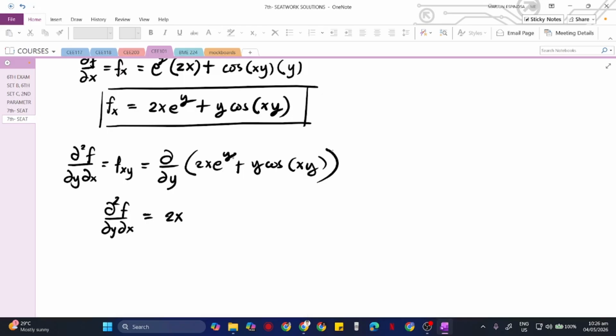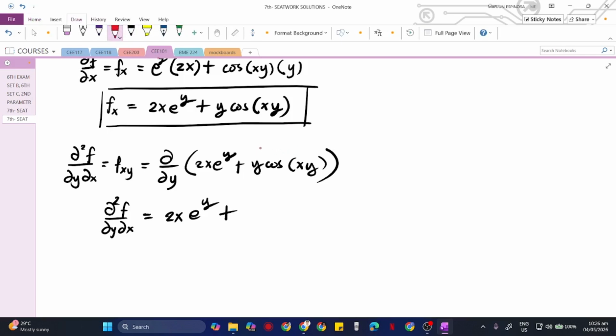And derivative ng e raised to the power of y is just simply e raised to the power of y. Okay? Plus, in this term, we have now two functions that are both differentiable. We have here y, it can be differentiated because we will be partially deriving our function with respect to y.